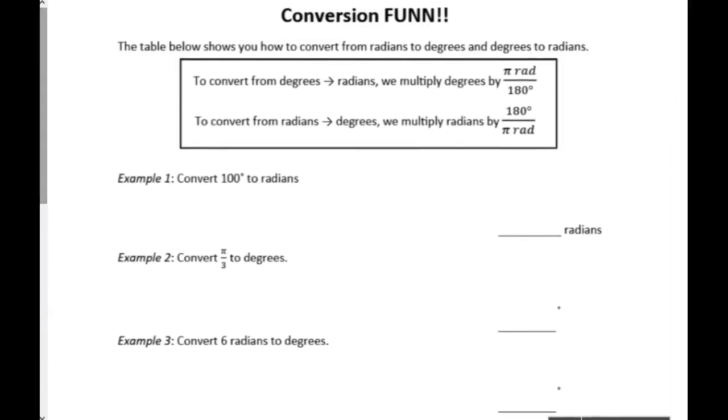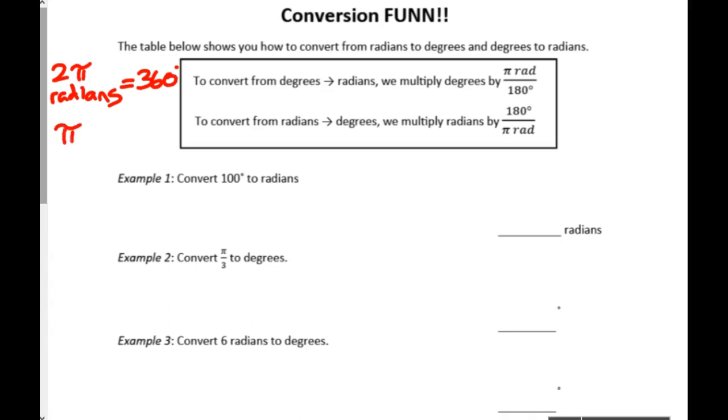And we're going to write what I just said off to the side here. So 2 pi radians equals 360 degrees, right? 2 pi radians equals 360, okay?